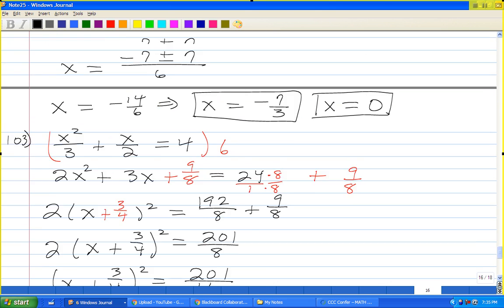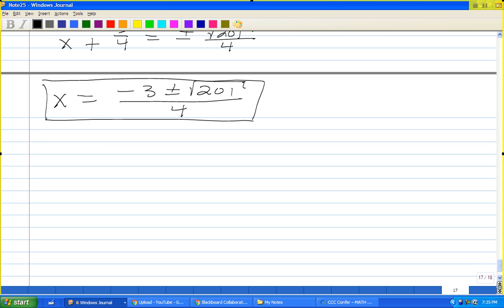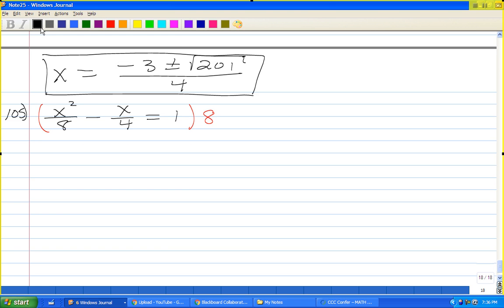Let me do problem 105. x squared over 8 minus x over 4 is equal to 1. Let me multiply both sides of my equation by 8.